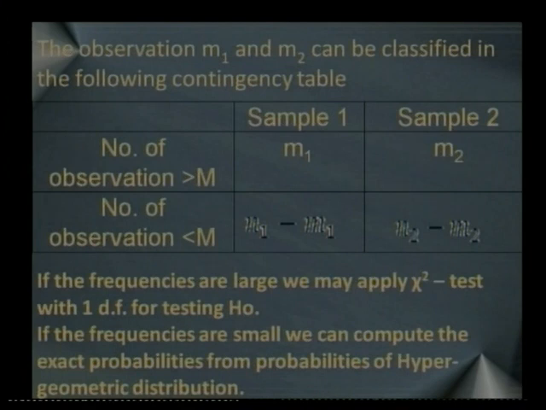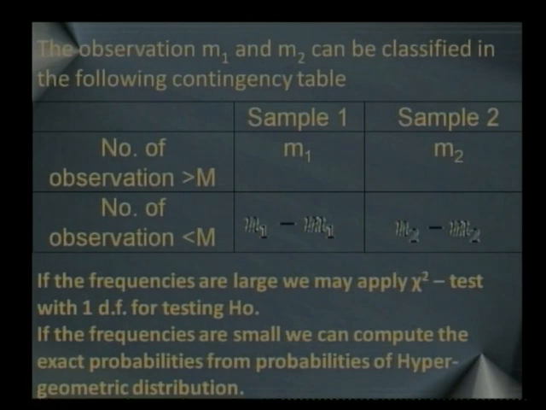For the second sample we write M2, and the number of observations less than the median we write as N1 minus M1, because we know the sample size. So sample size minus M1 gives N1 minus M1, and similarly N2 minus M2.